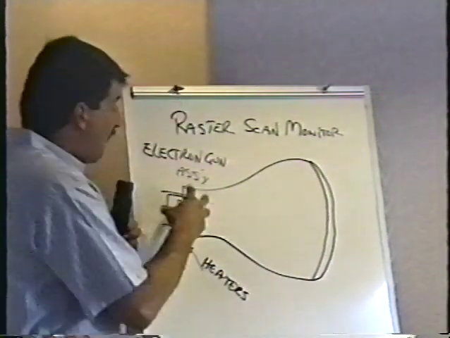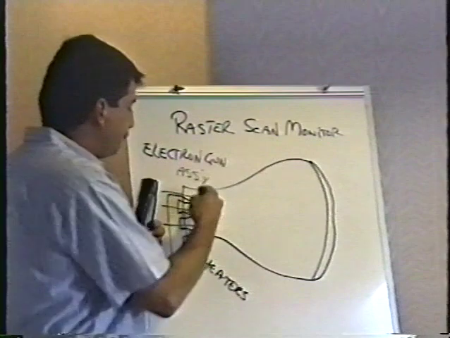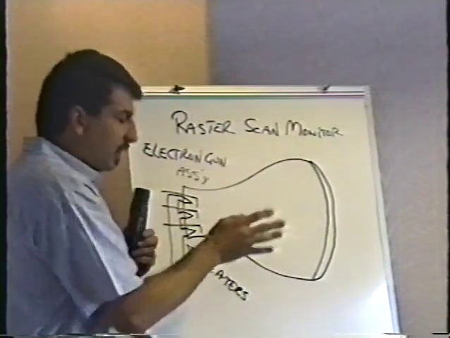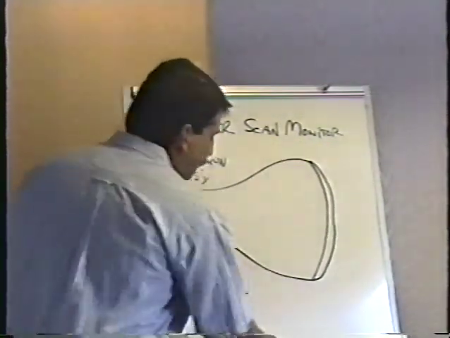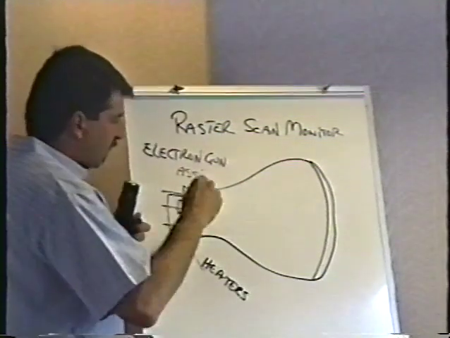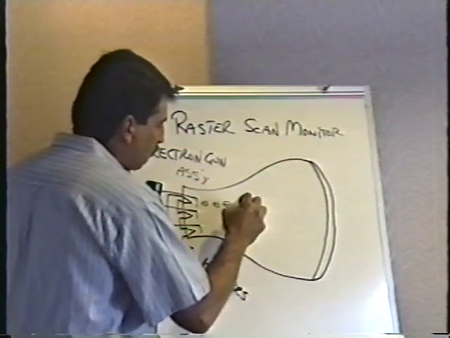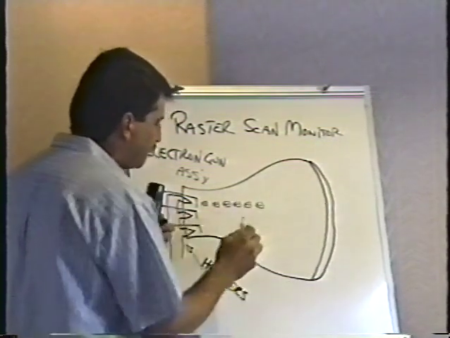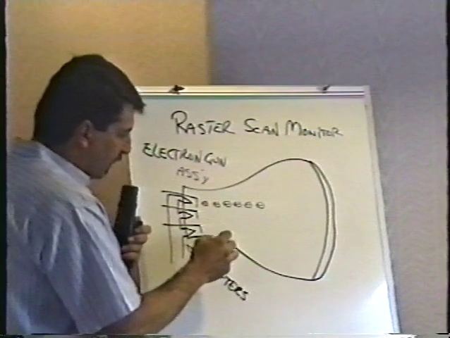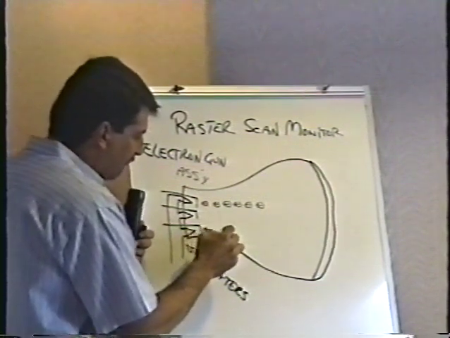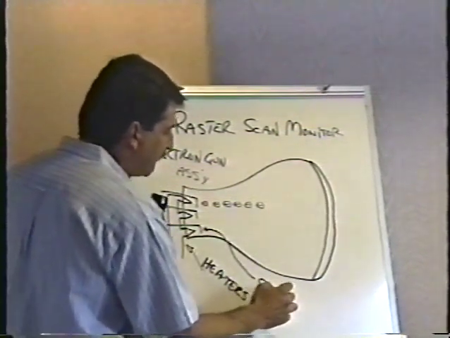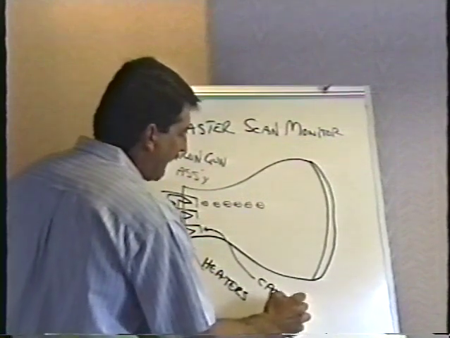The electron guns are coated with a material that emits electrons. As a matter of fact, the part of the electron gun assembly that emits these electrons, like a ray or a beam of electrons, is a cathode. The actual part of the electron gun assembly that emits the electrons is called a cathode.